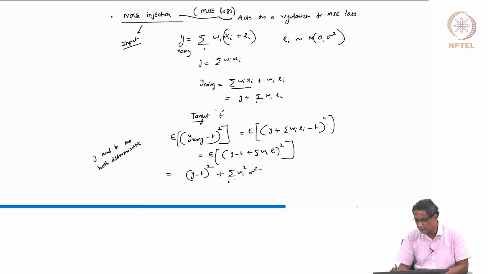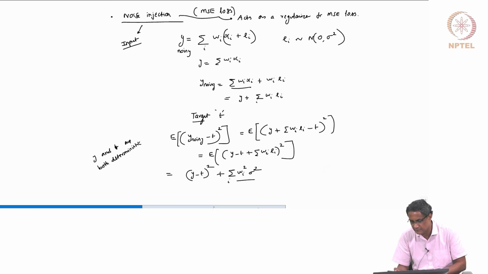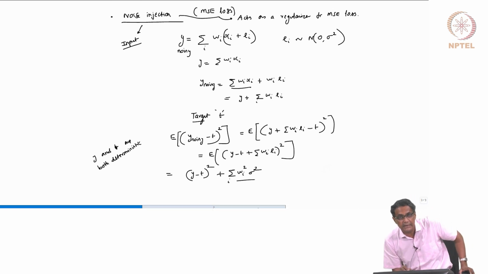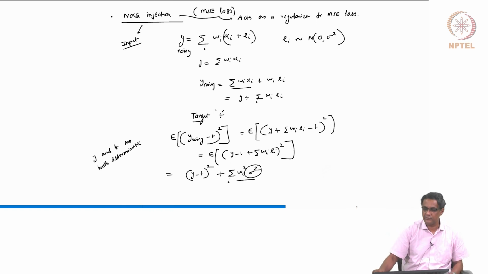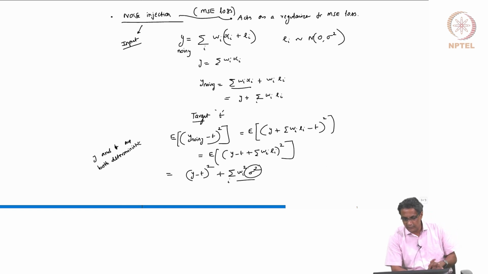Now if you look at this term, this is like a norm on the weights, scaled by the noise variance. If you make sigma 1, it is exactly the summation of wi square, which is the L2 norm on w that you had earlier.